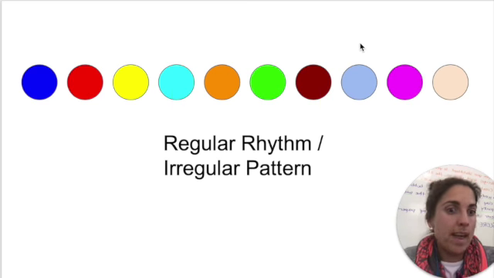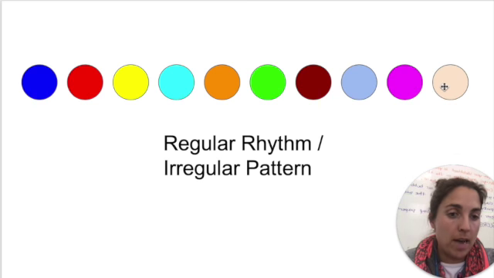It's hard to say what color comes next, but there's enough repetition in the motifs to establish it as a pattern, because although the colors are irregular, the shapes create a regular motif that is in fact repeating. So again, regular rhythm, the spaces remain the same. Irregular pattern because each motif is a little bit different.